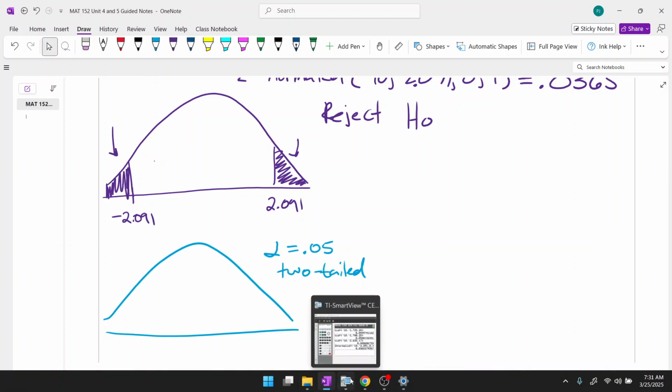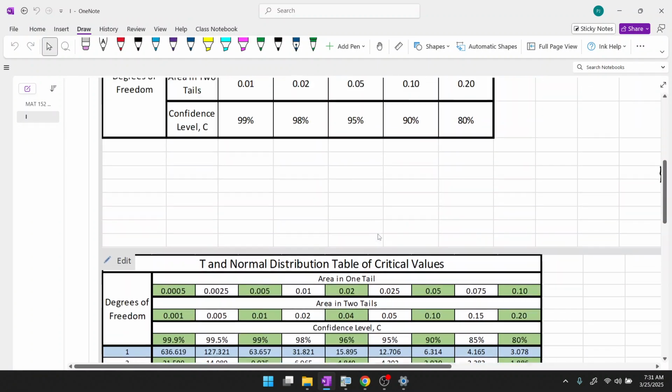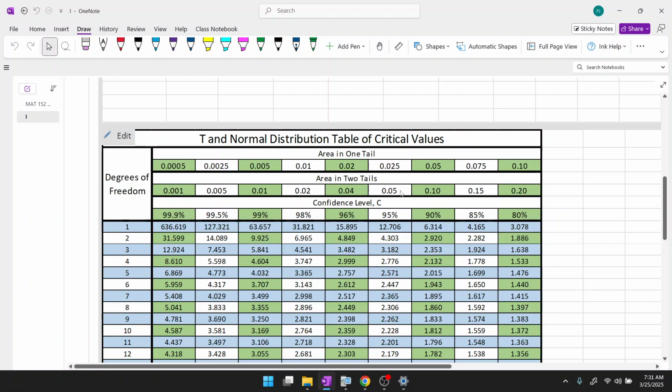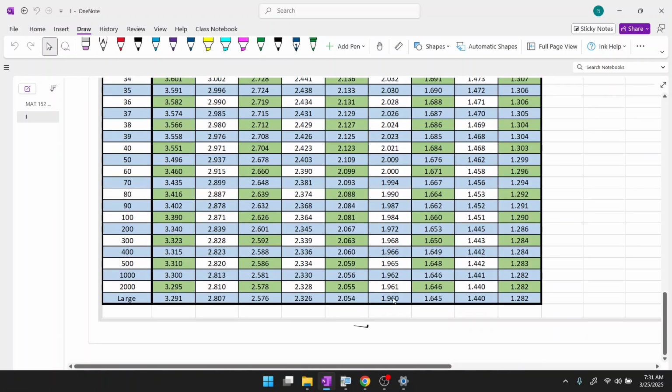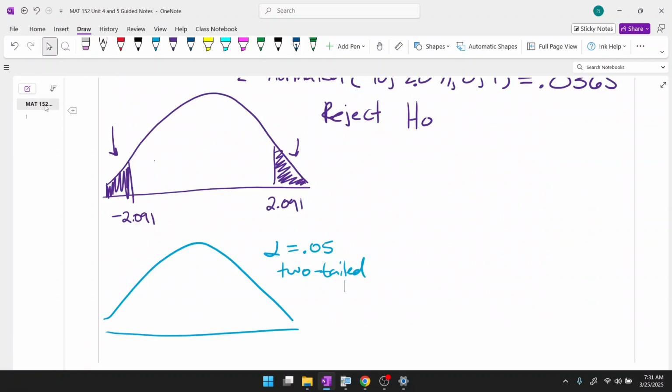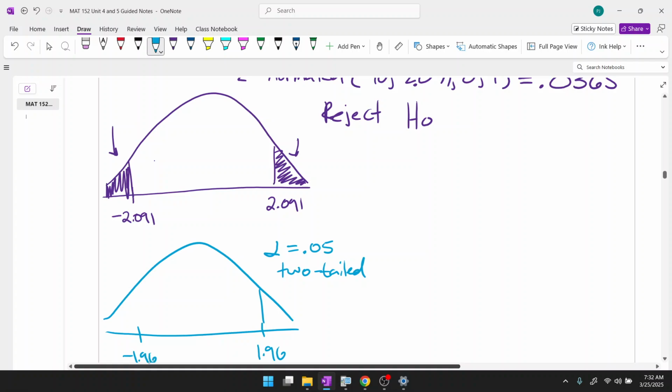Since it's two tails of 0.05, and we're still on large degrees of freedom, it's going to be 1.96. So it would be positive 1.96 or negative 1.96.